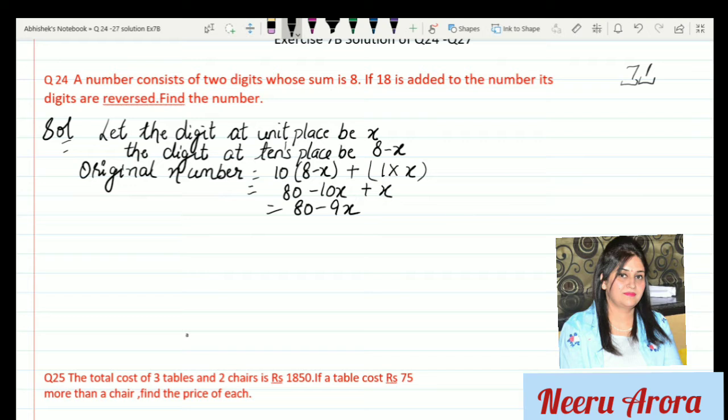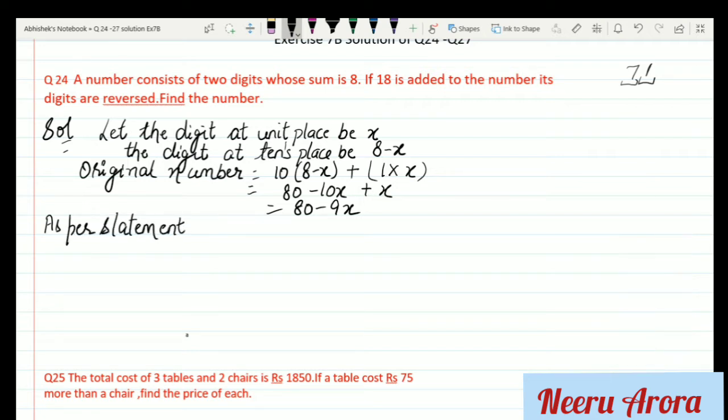Now as per the statement, when we add 18 to the number, its digits are reversed.